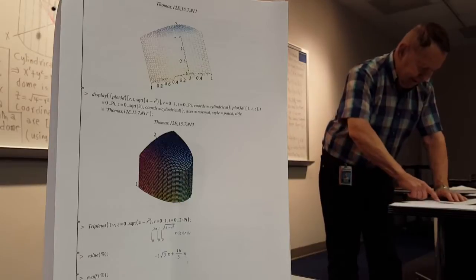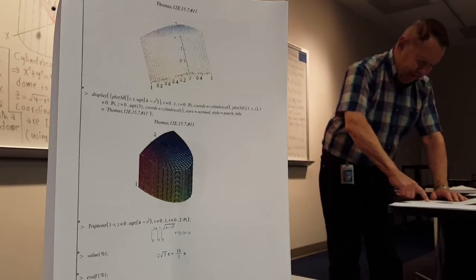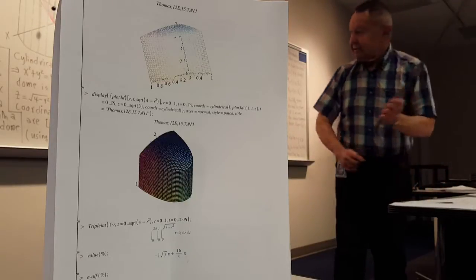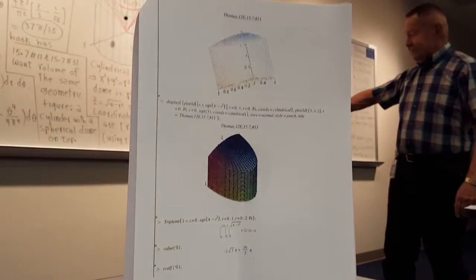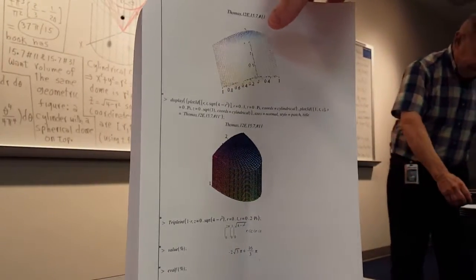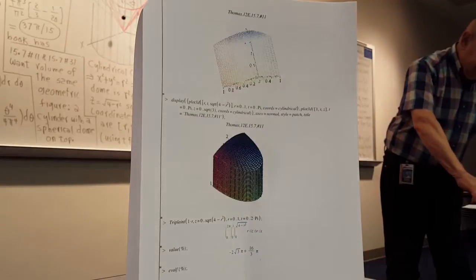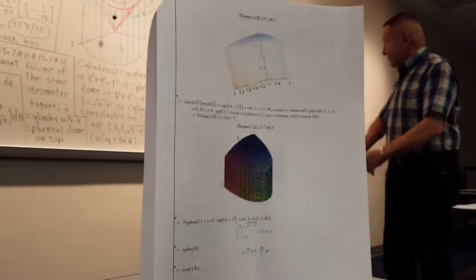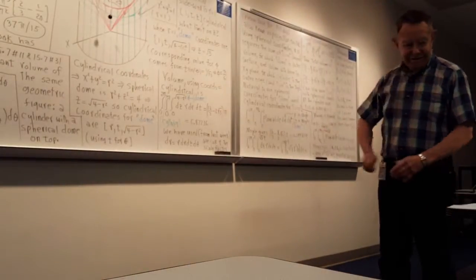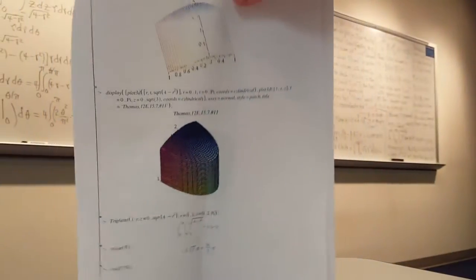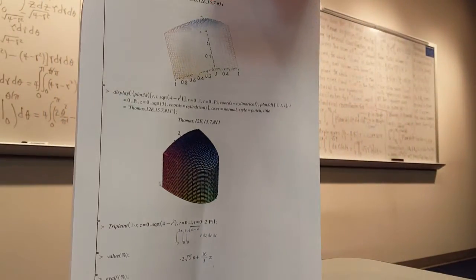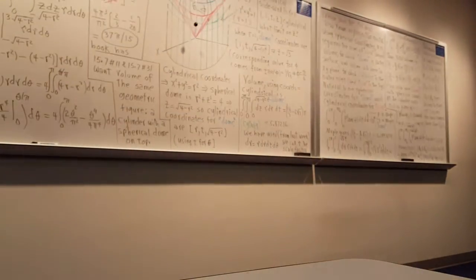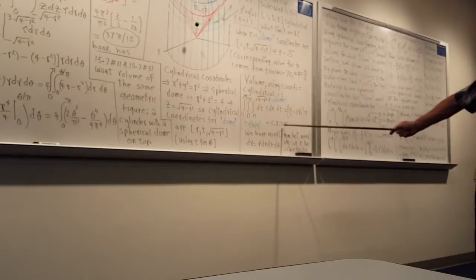Okay, then I did triple int, so that's this. And then I did value, and that's this. And evalf, you get the decimal, and you turn the page. And number 17, top of the page, is the number.